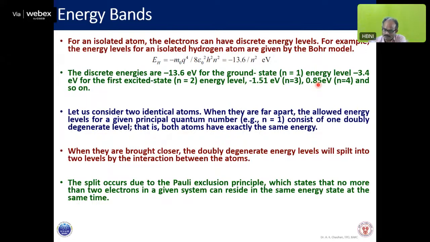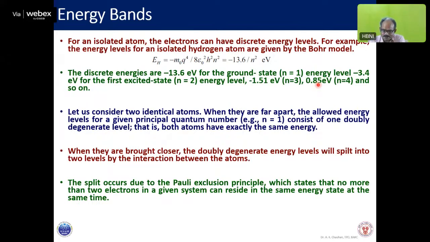When they are very far, this is a very important concept. When you try to bring them together, as soon as their wave functions start to overlap quantum mechanically, they cannot have a system with solutions of exactly identical energy.